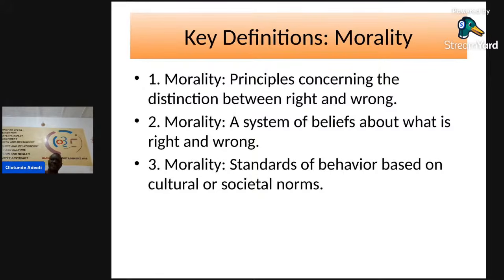So morality is a system of beliefs. I told you that you can replace morality with beliefs: a system of belief about what is right and what is wrong. And don't forget that what could be right with Mr. A might not be right with Mr. B. That's why everybody is individualistic, the individualism of morality.